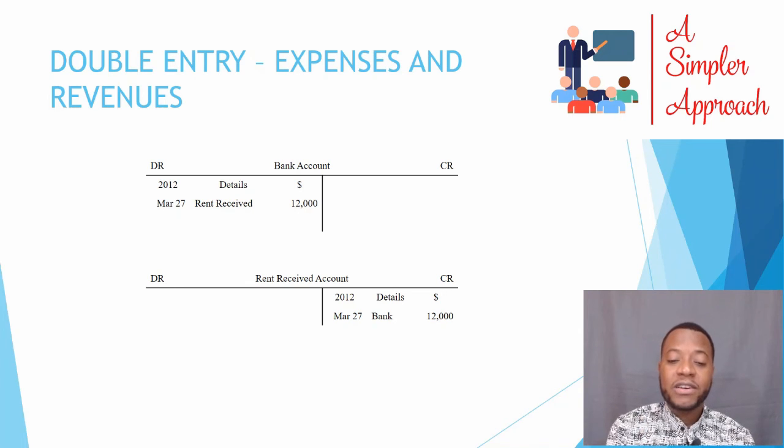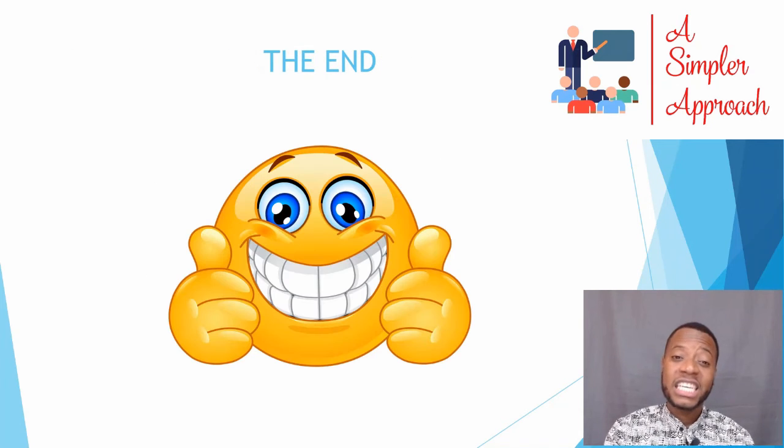In the rent received account, on the credit side, March 27, rent received in the bank, $12,000. Okay, you see how easy it is? It is so easy and so simple. Okay, that's the underlying concept of expenses and revenues.